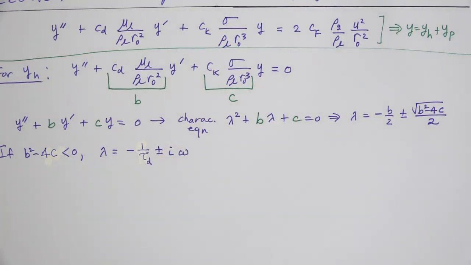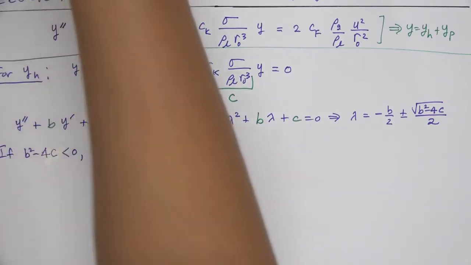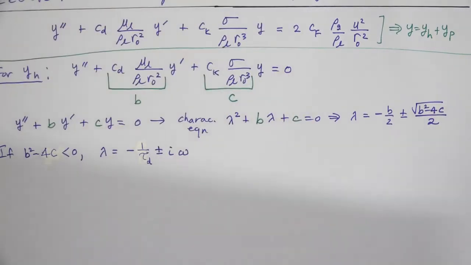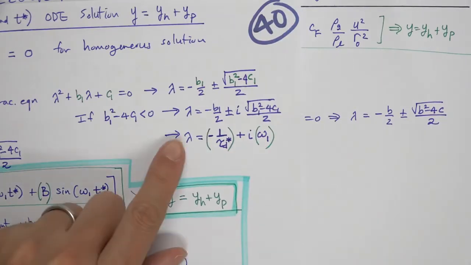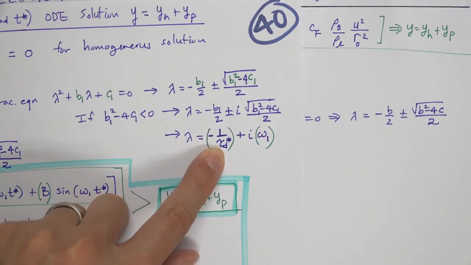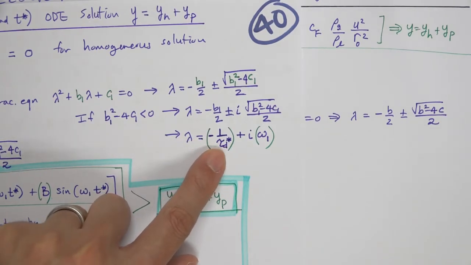Isn't that what we did in the previous lecture? That is equal to tau d star, which is non-dimensional.